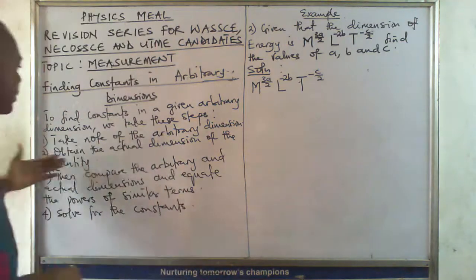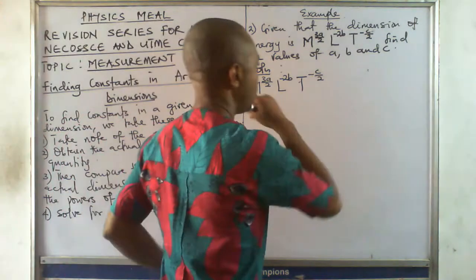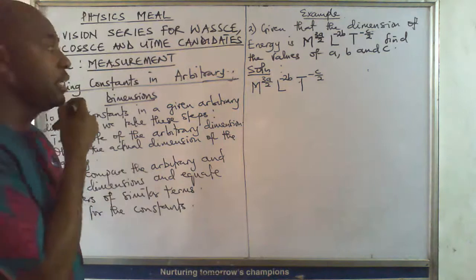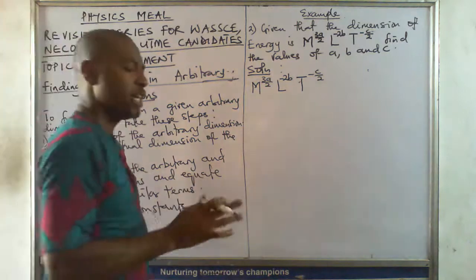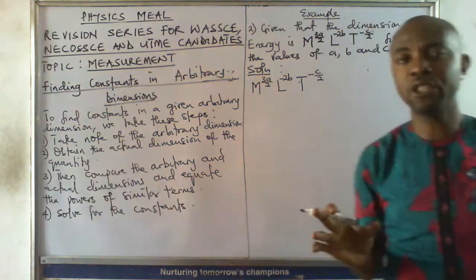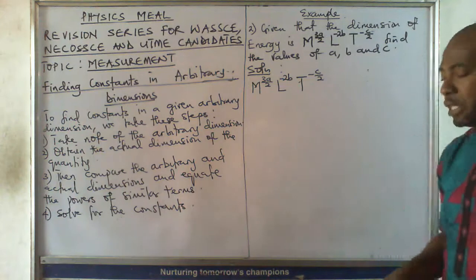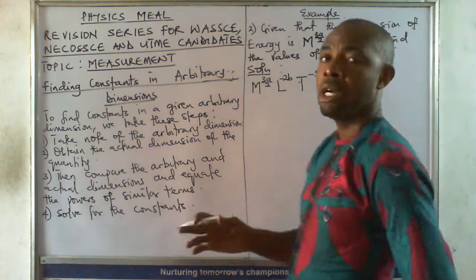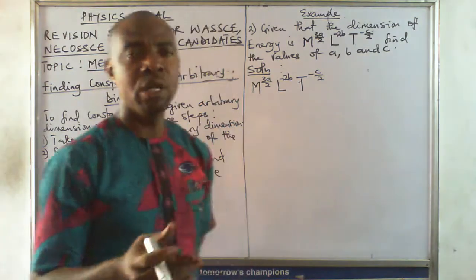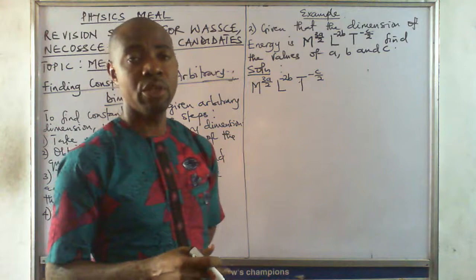Then the next, obtain the actual dimension of the quantity. What quantity are we dealing with again? We are dealing with energy. You can use any of the expressions for calculating energy in order to obtain the dimension of energy, such as potential energy or kinetic energy.